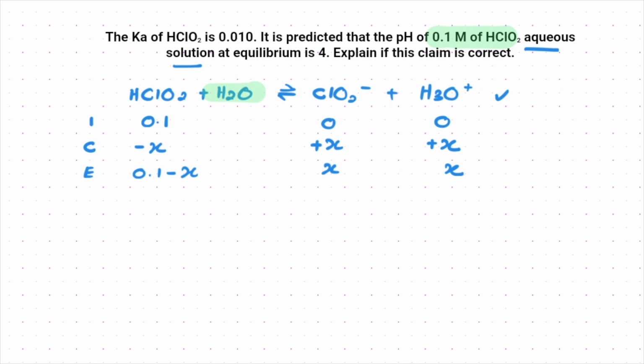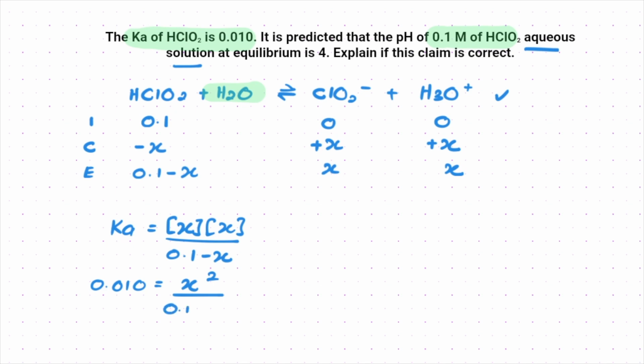Looking at the question, we can see that the value of Ka is given to us. Therefore, Ka is equivalent to X times X divided by 0.1 minus X. Given to you, the Ka is 0.010. Therefore, it's equivalent to X squared divided by 0.1 minus X. So now we are going to do the approximation method.